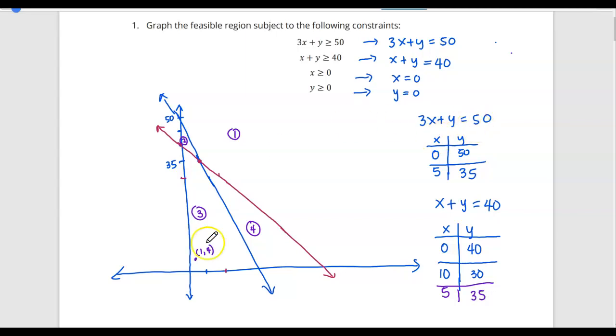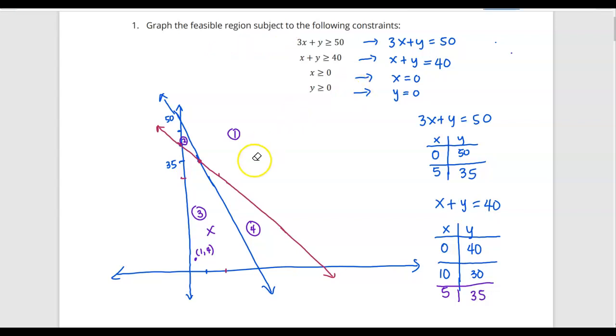Let's see if (1, 4) satisfies the inequality here. You just have to evaluate. When x is equal to 1, you have 3 times 1, and then y is 4. Is that greater than or equal to 50? So you have 3 plus 4, that is 7. Is that greater than or equal to 50? The answer is no. So this one is not a feasible region. So we'll X that out.